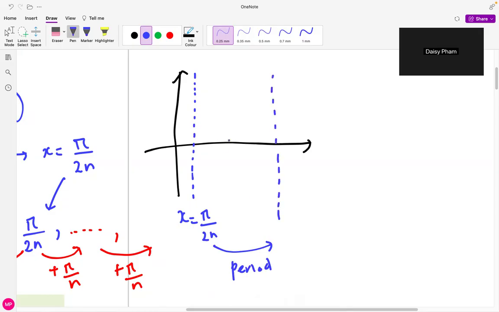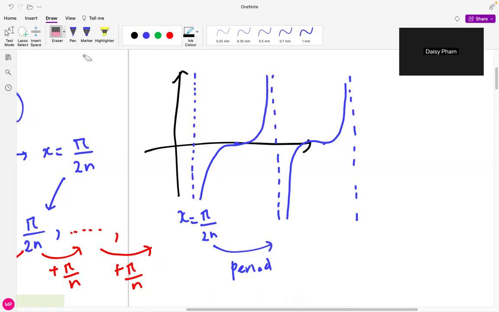The middle between the asymptotes will be somewhere here, and the tan graph will look something like this. If you have the next asymptote here, then the middle, you just go the same way, and it just keeps going on and on. All right, this is if you didn't have any vertical translation.